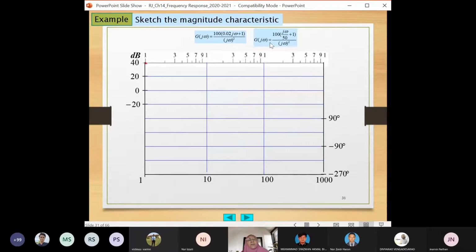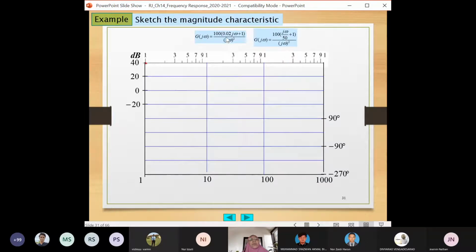So let's transform it into a standard form. Standard form is the form in the mathematical expression that has j omega over z, over p and so on. Why do we put it over z, over p? Because you want to make it easier to identify what the zeros and poles are.